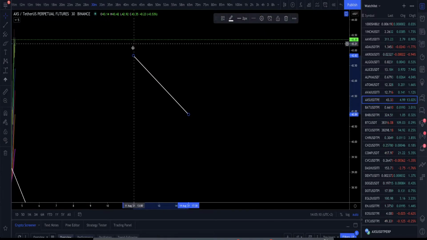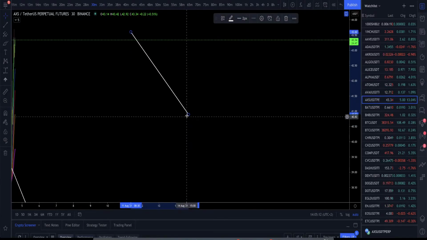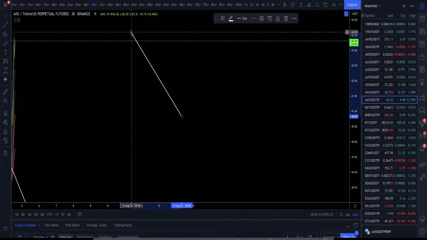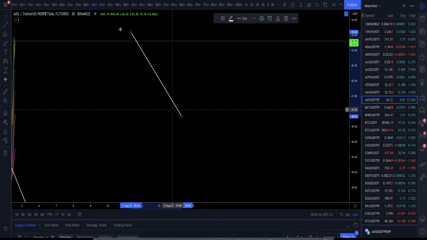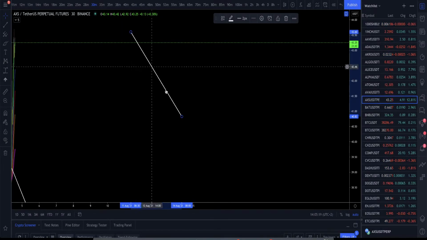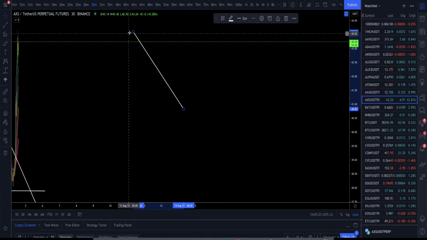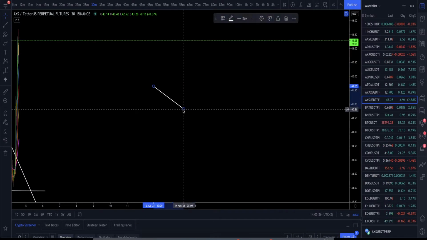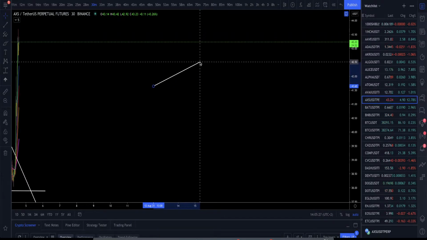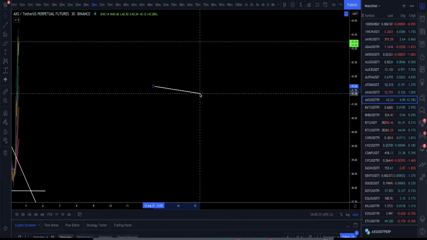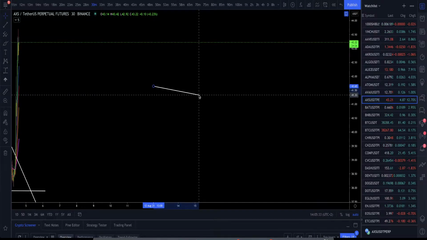Another one is the trend line, uptrend or downtrend, doesn't matter. From a trend line you can see all perspectives of all of the tools.